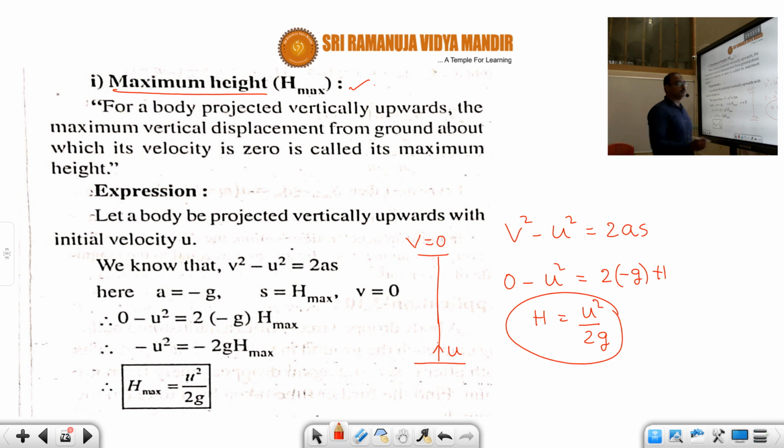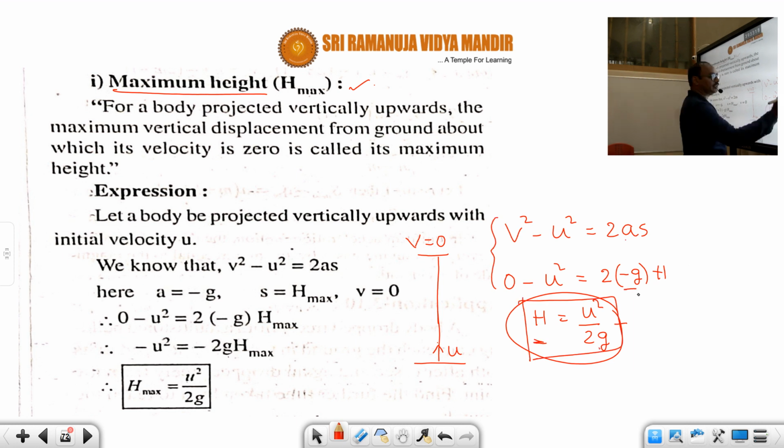So no need to solve these conditions again. Directly you can use h equal to u square by 2g, and remember, don't substitute a negative sign in place of g, because by considering the negative sign we have derived this equation h equal to u square divided by 2g.